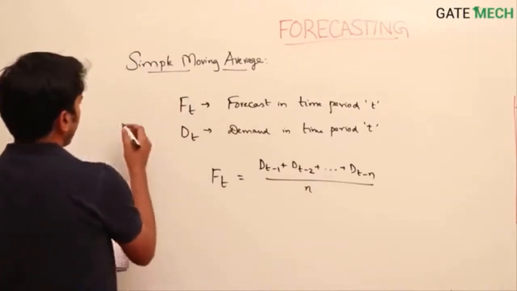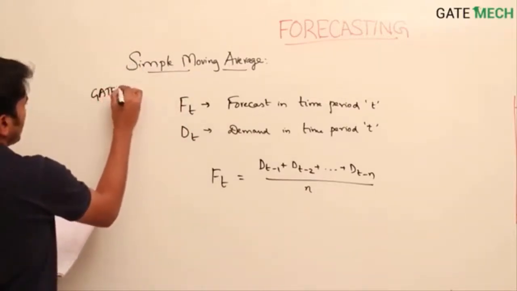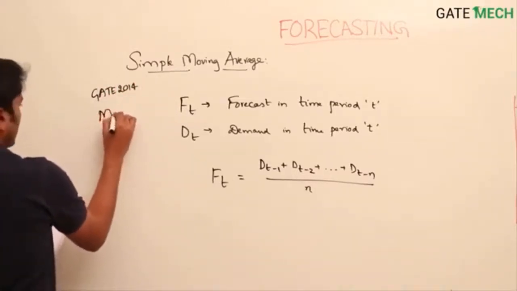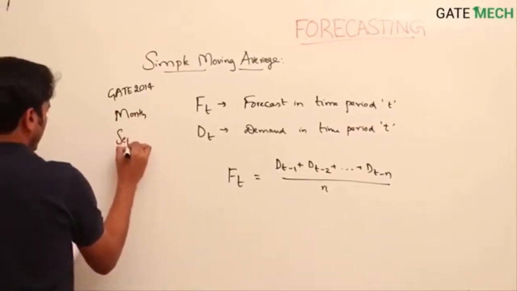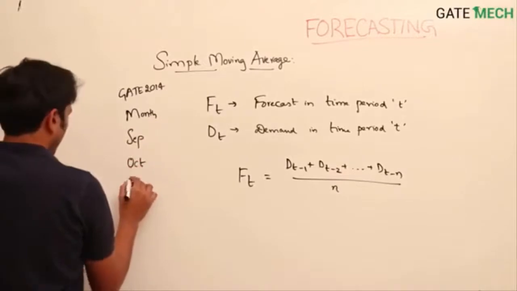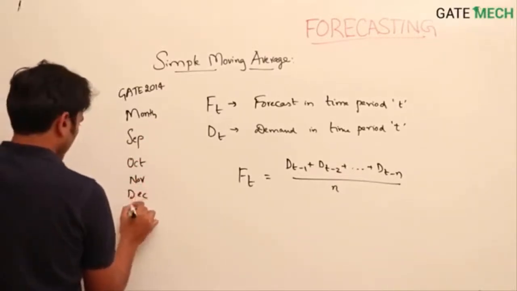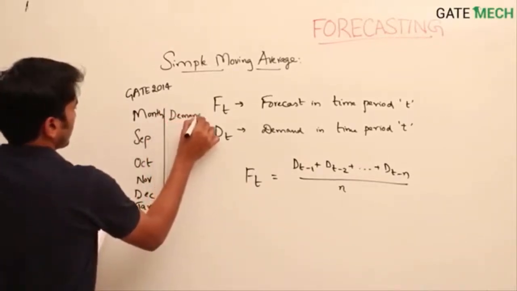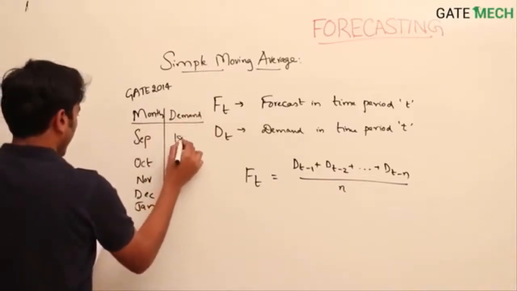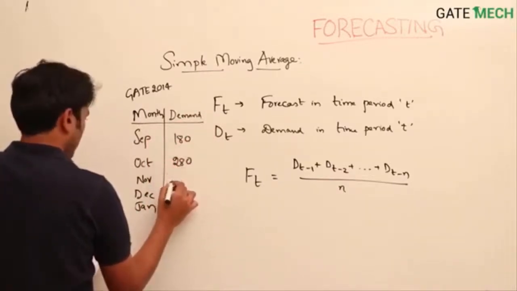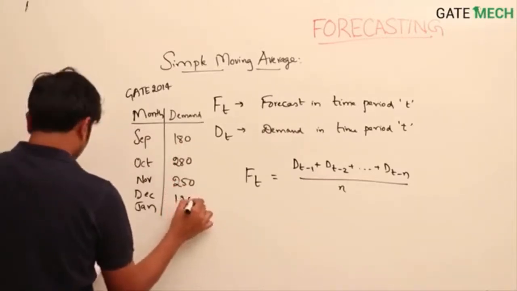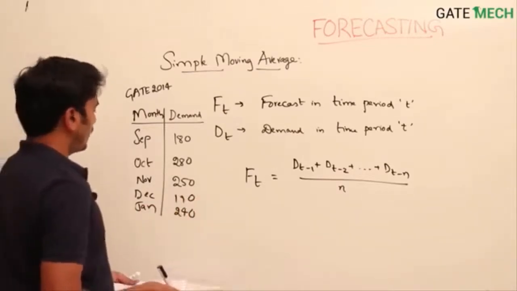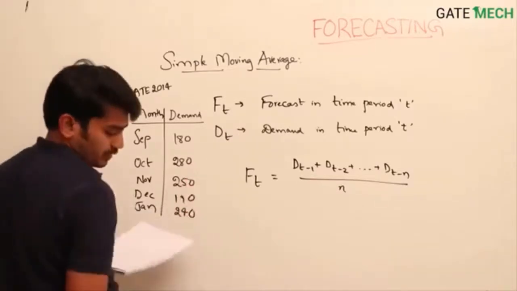We have a question in GATE 2014 on this method, where the sales were given like this: the months September, October, November, December and January, and the demand is 180, 280, 250, 190 and 240.